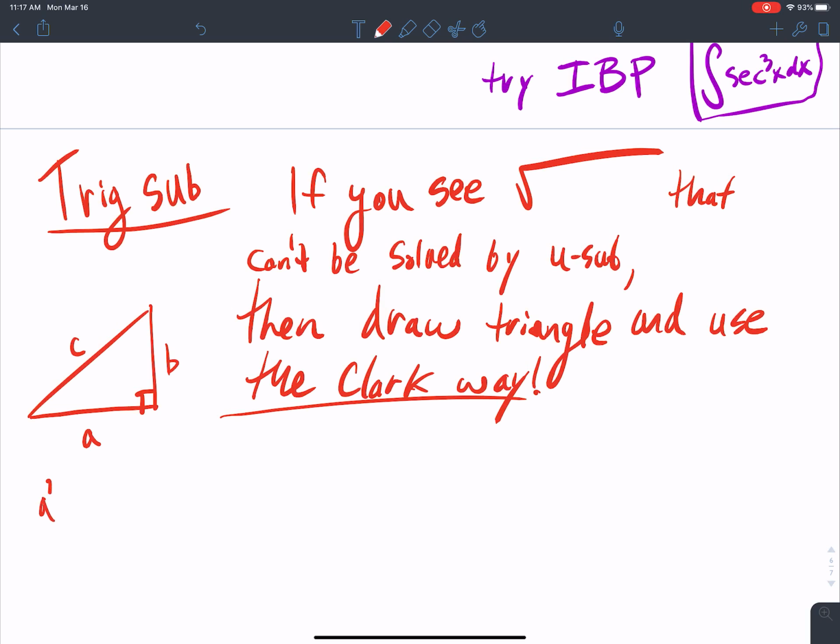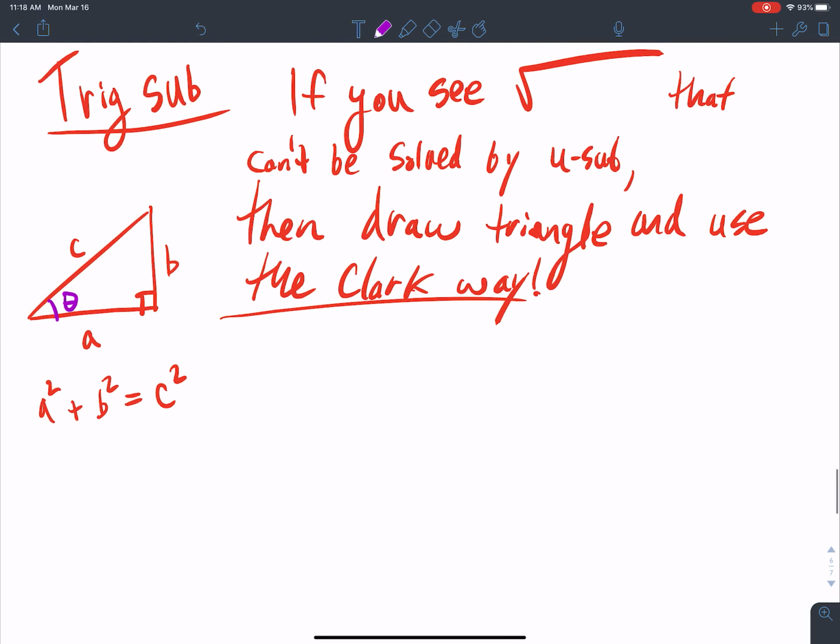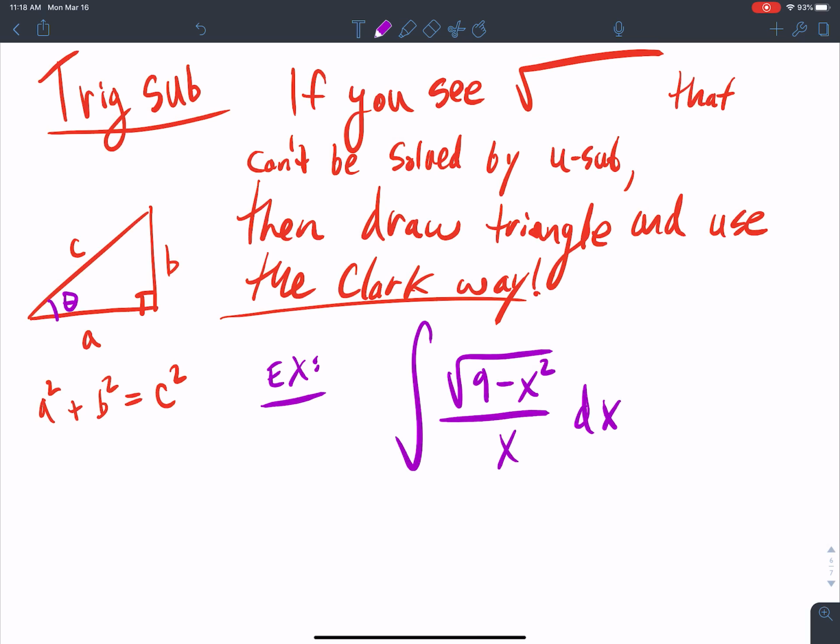The Pythagorean theorem says leg squared plus leg squared equals hypotenuse squared. Maybe I'm given some angle theta here. I can use trig to help me out. So here's an example. Boom. I see a square root and I see some other junk in there.